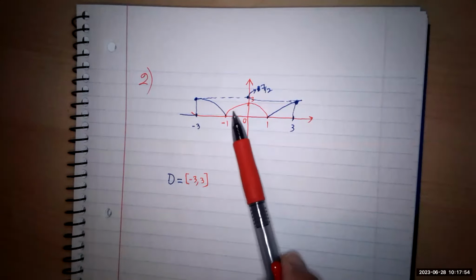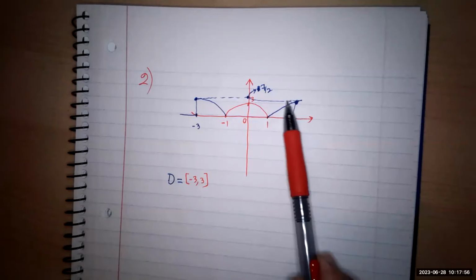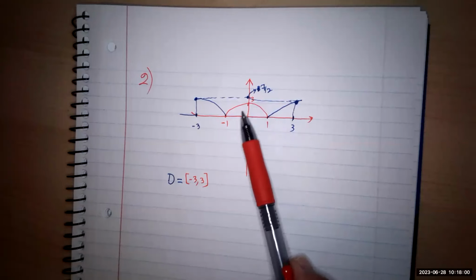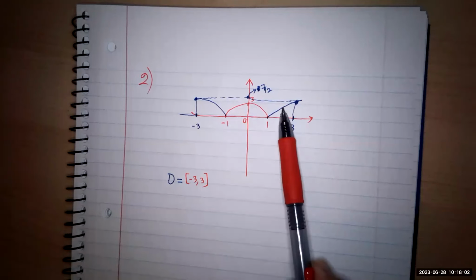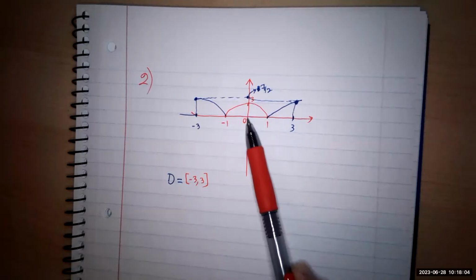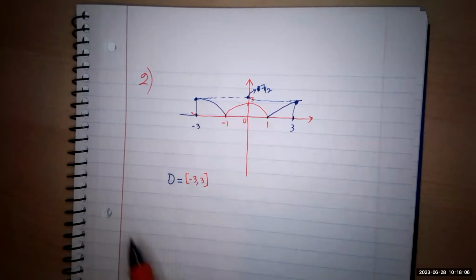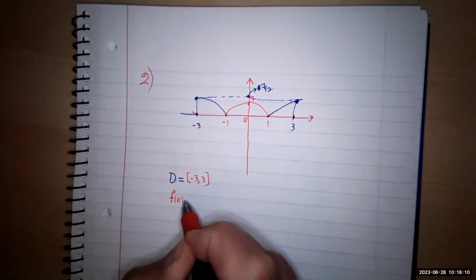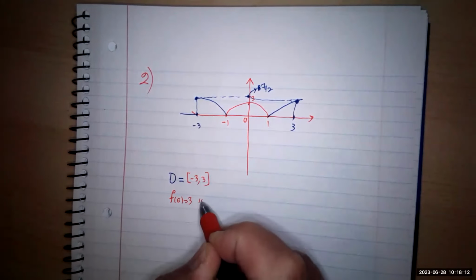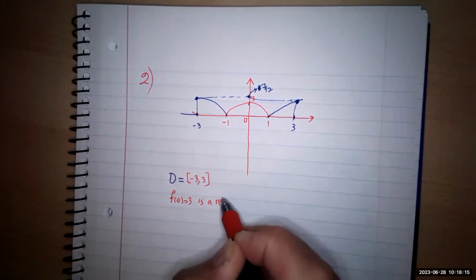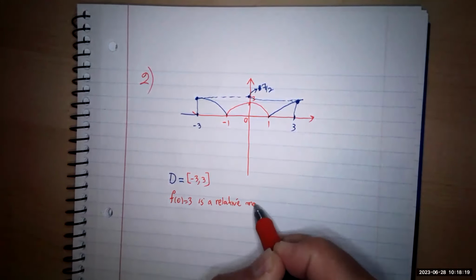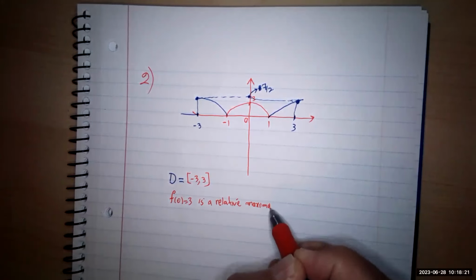But this is a relative maximum because you have more numbers above it. At least you have 7.5 here. So if you forget about those blue parts, in the red parts, we have f of 0 equal to 3, which is going to be a relative maximum.